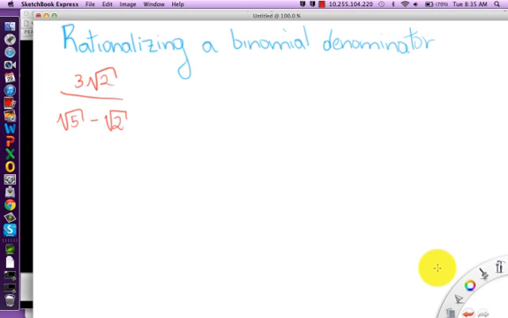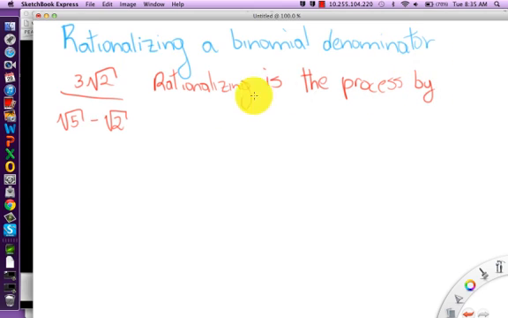With rationalizing a binomial denominator. Remember that rationalizing is the process by which we get rid of unwanted radicals.